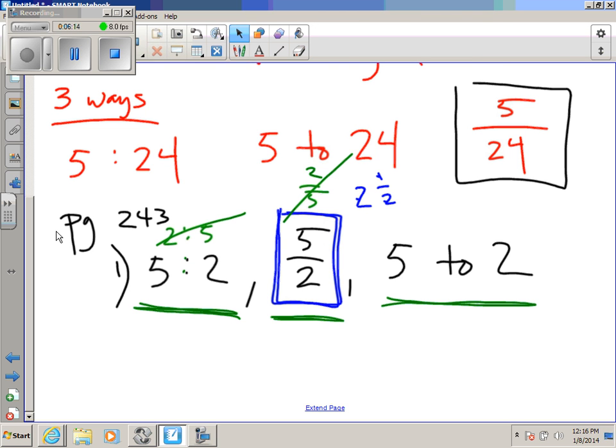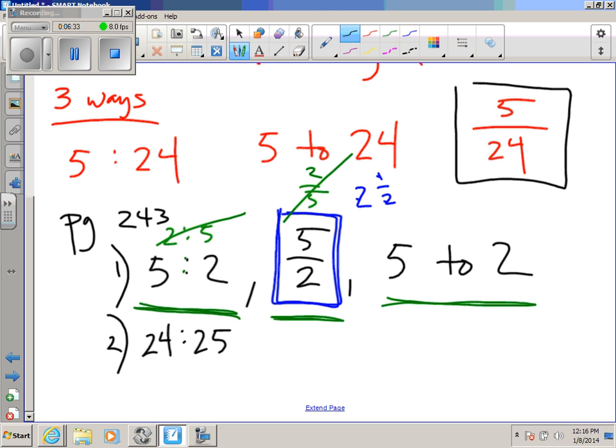Look at number 2. About 24 out of 25 Californians live in a metropolitan area. 24:25. Another way? 24 over 25. And finally, Chris, 24 to 25.